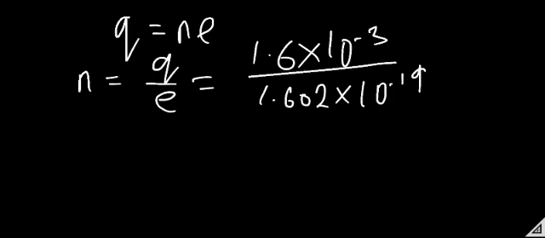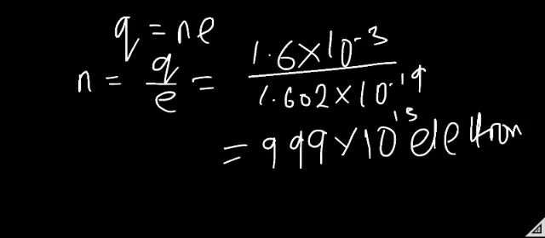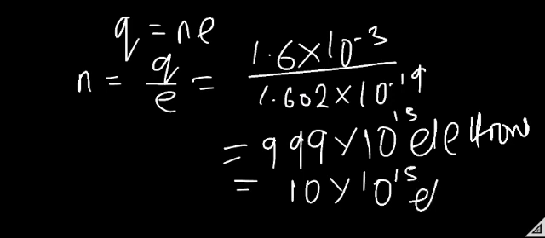So if we do this, we have the number of electrons to be 9.99 times 10 raised to power 15. But it is important to present charges in whole numbers, so this becomes 10 times 10 to power 15 electrons. Getting it now?